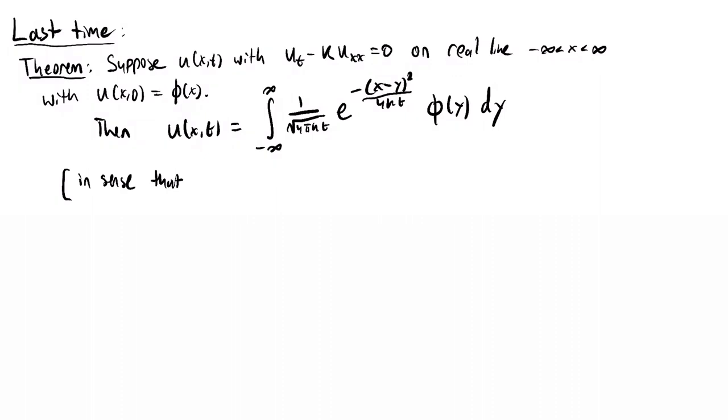So what we really mean is that if I take the limit as t goes to 0, t will always be positive, so it's actually the limit as t goes to 0 from the right, but that's not too important, of u of x,t, this is equal to phi of x. And we showed when we derived this formula that this has to be the case. This is one of the key properties we used to arrive at the formula, the fact that we wanted the limit to be the initial condition.